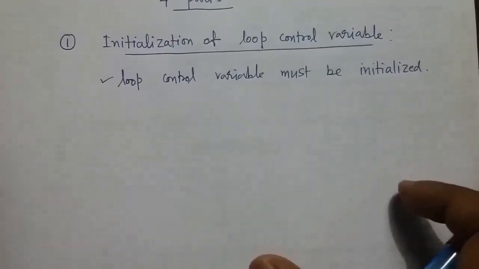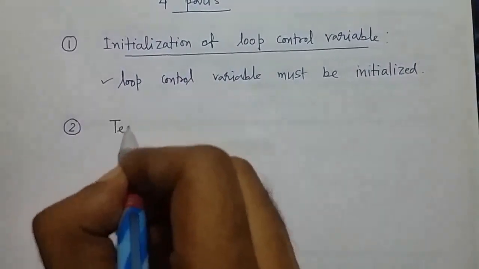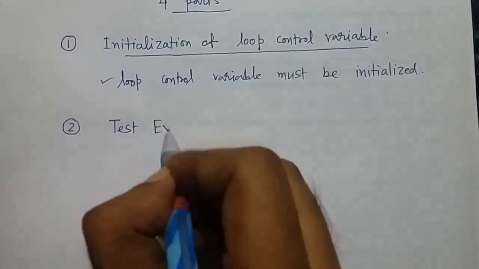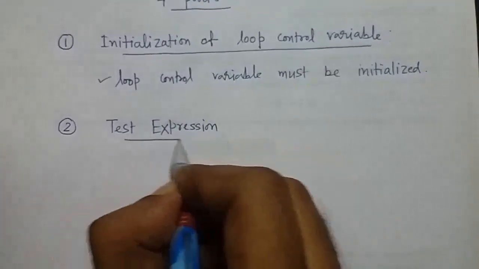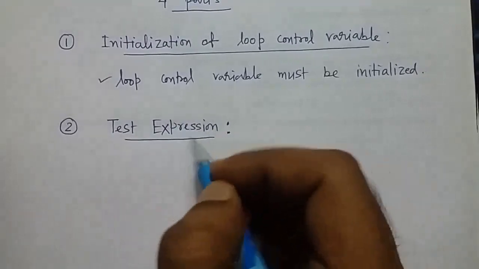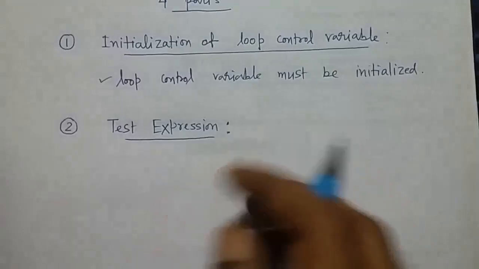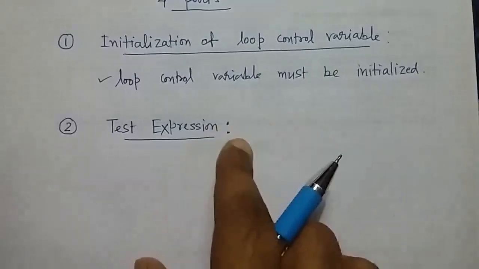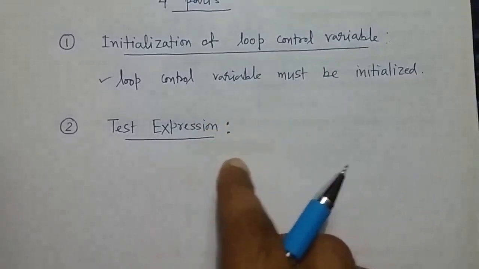Now the second one is the test expression. Test expression means the condition or the relational expression whose evaluated value decides whether the body of the loop will be executed or not.